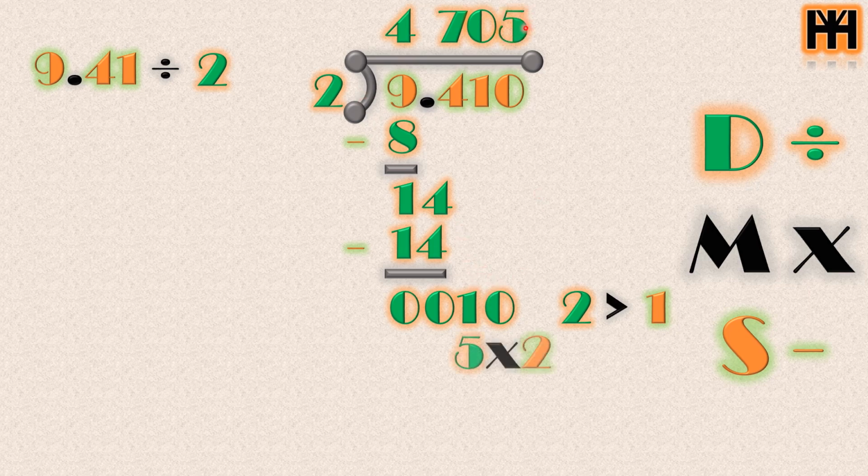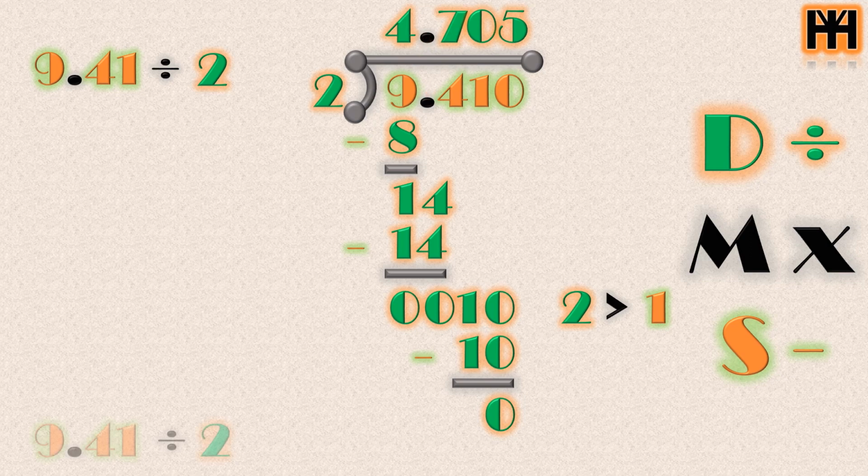The answer will be 5. So put 5 here. Then the multiply. 5 multiply 2. So it's 10. Then subtract. So 10 minus 10 is 0. So that's it. But the last step, take this decimal point up there. So now the answer of 9.41 divide 2 is 4.705.